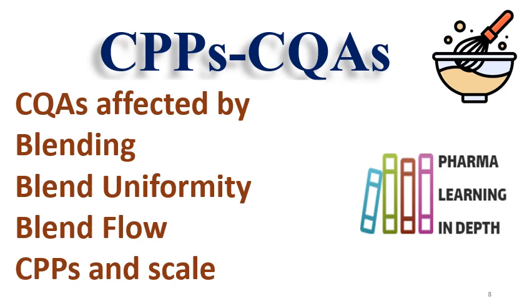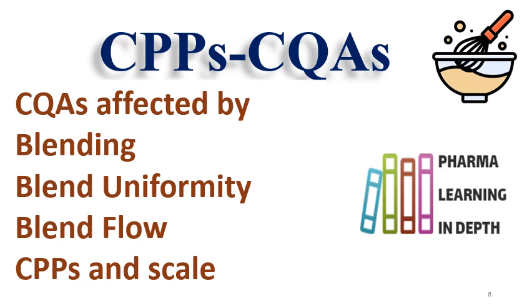Also the CPPs may be scale dependent or may be scale independent. So whenever there is a scale up, that time the critical process parameters which are scale dependent are studied in detail. Also CPPs are required to be controlled from the initial product development. Risk assessment is required to know the CPPs. So this is regarding the critical process parameters.